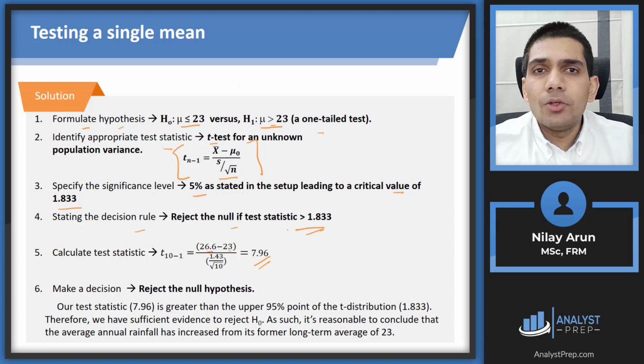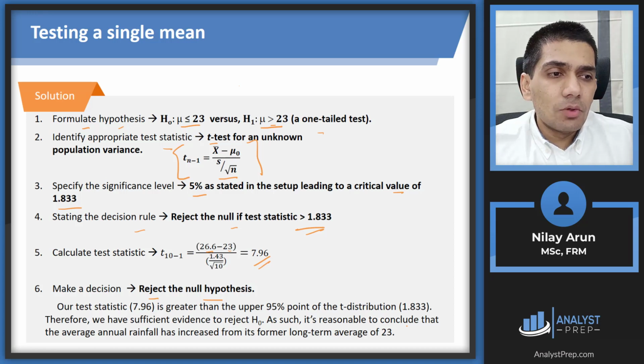So when the value is lying outside of that region, we can easily reject the null hypothesis. In this case, our decision is that we go ahead and reject the null hypothesis, and we say that we have sufficient evidence to reject it because 7.96, our test statistic, is much higher than the critical value at 5%, that is 1.83.